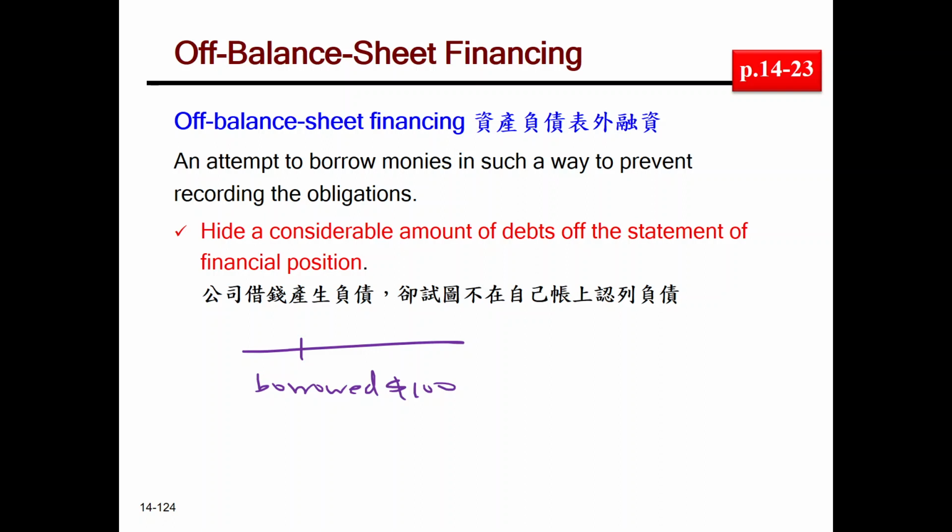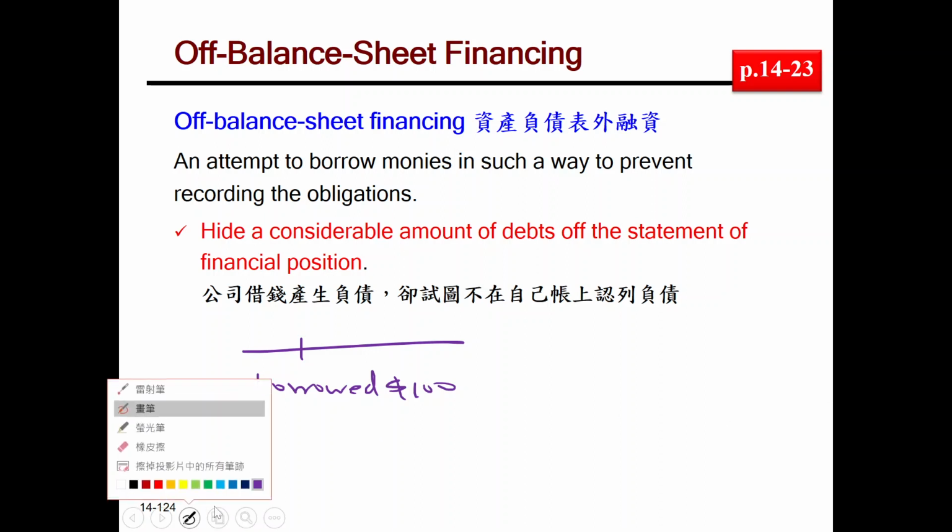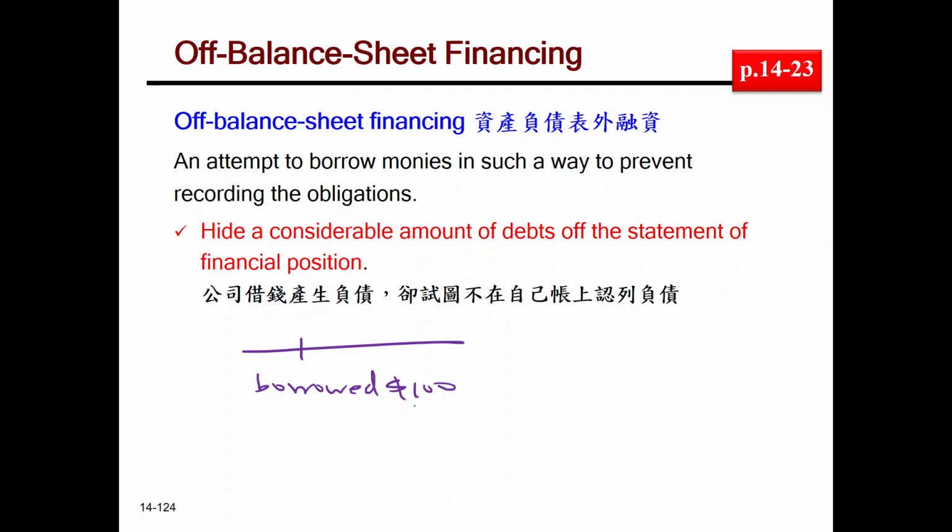How? If you are the parent, you need the money, so you are the parent, 母公司. Like Far Eastern.